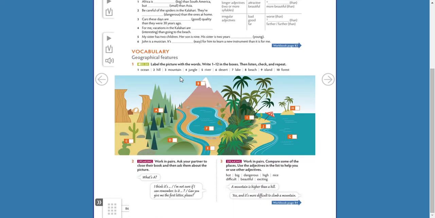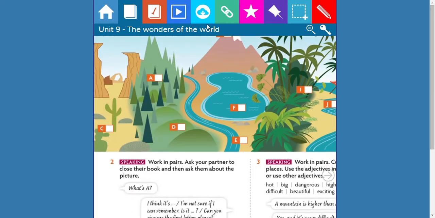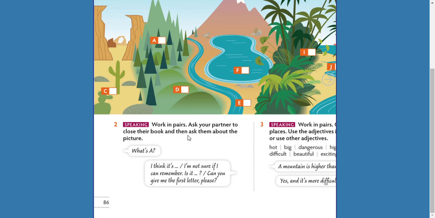Okay, let's see. In this part, I have a speaking time. Working in pairs, ask your partner to close their books and then ask them about the picture. What's A? Remember, you have to remember.